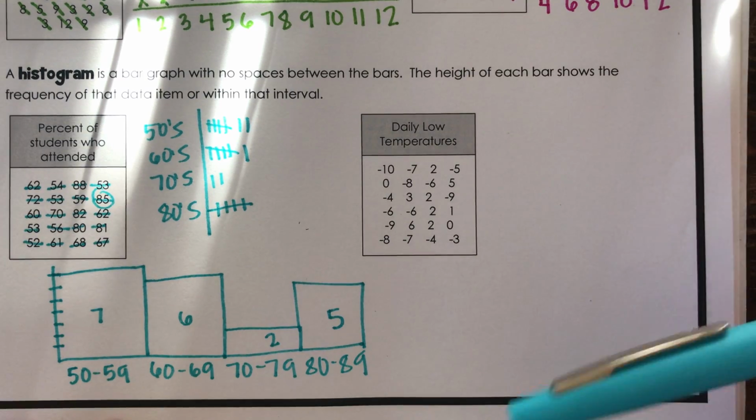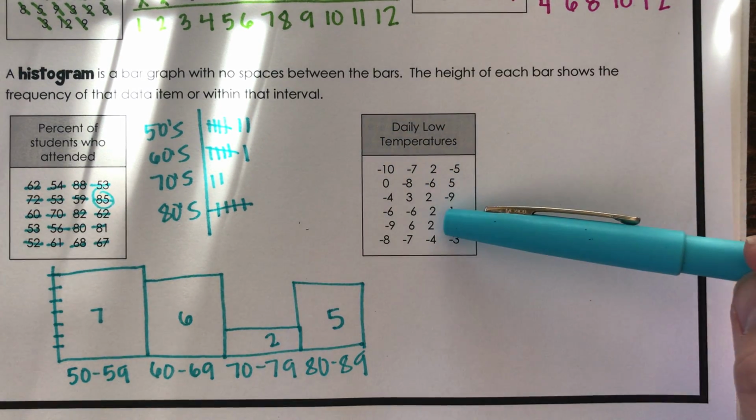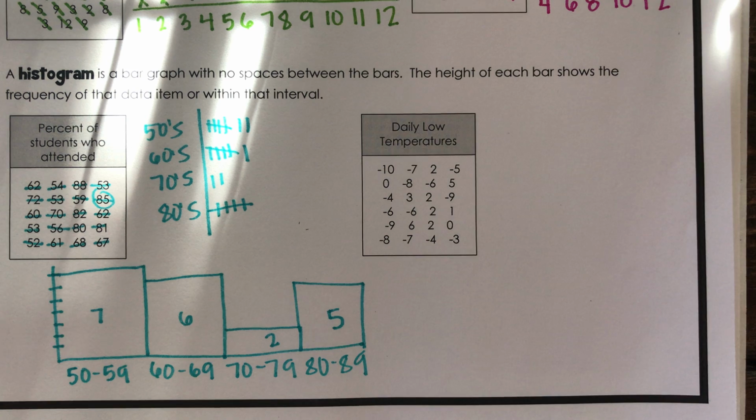Okay, on the next one, it's talking about daily low temperatures. So think about a thermometer, right? It's going from -10 up to +6, right?